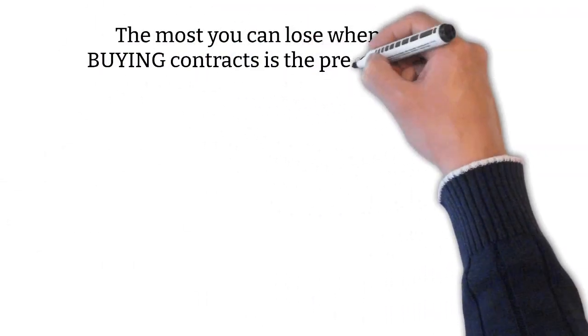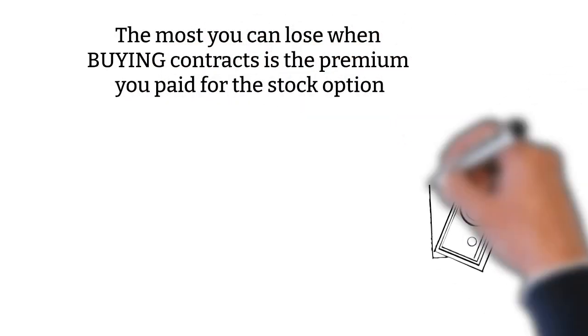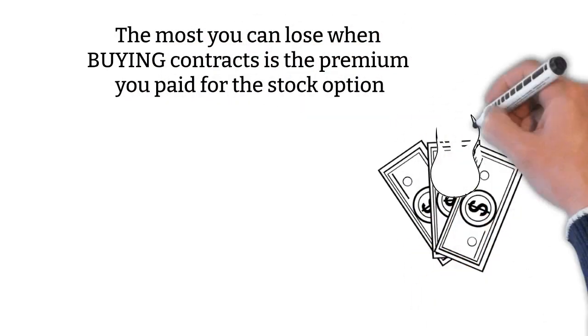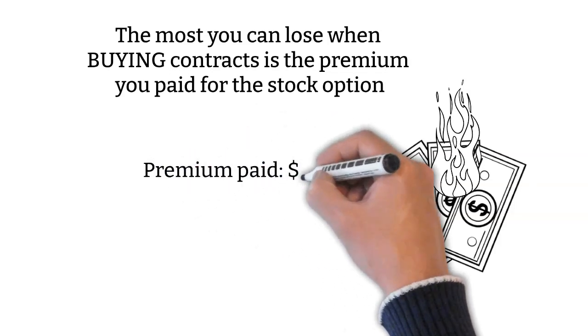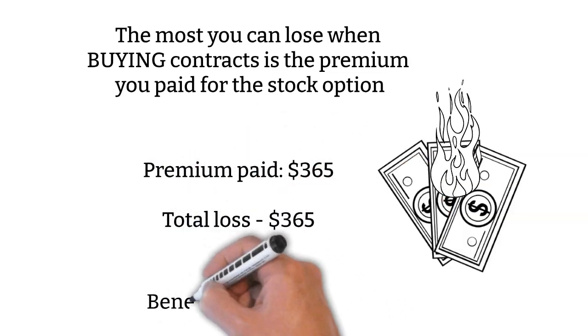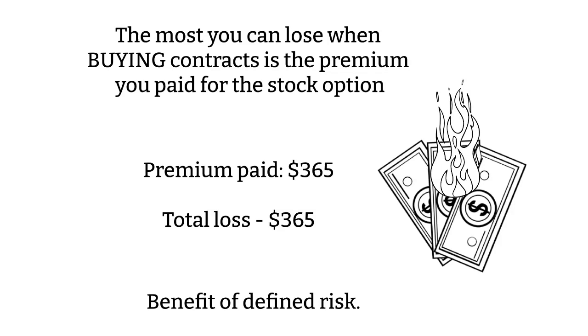The most you can lose when buying an option contract is the premium that you paid. In the case of your Microsoft contract, you paid $365, so if it were to expire worthless, the most you would lose on that trade would be $365.